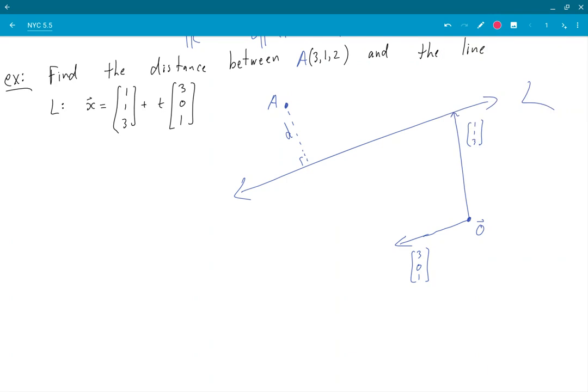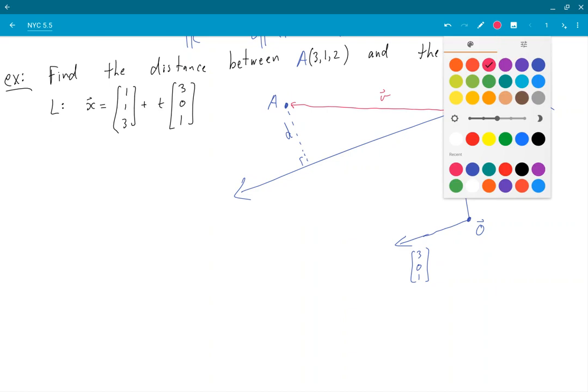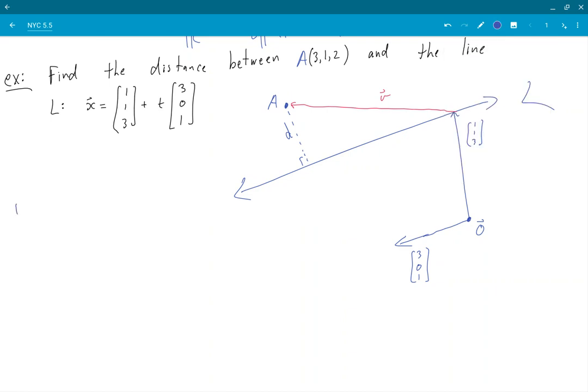So I will interpret that as being some perpendicular. Like before, I'll call this V. How can I obtain V?